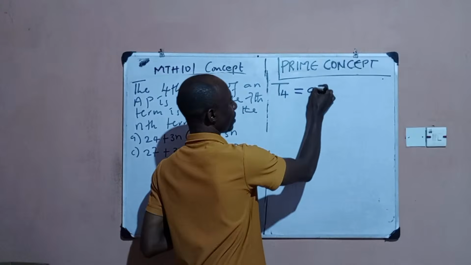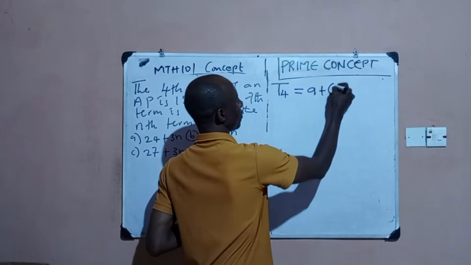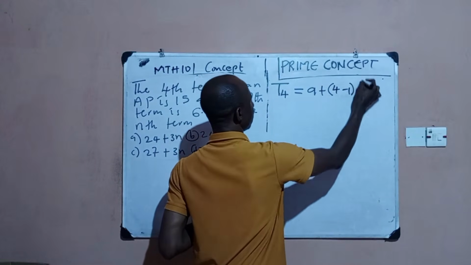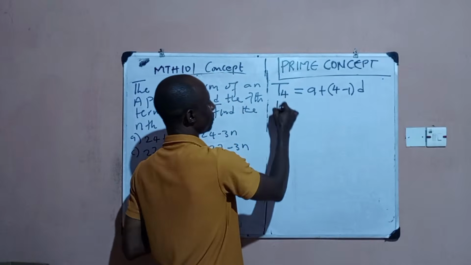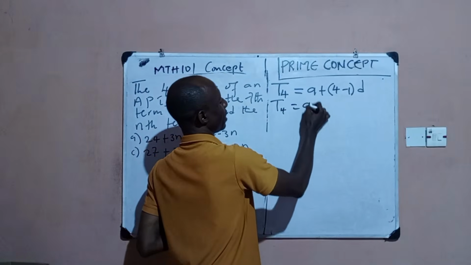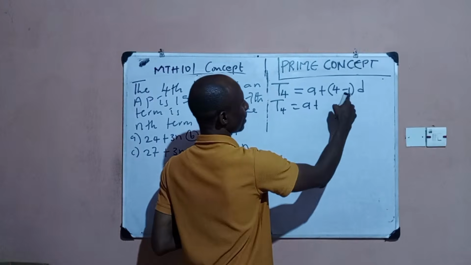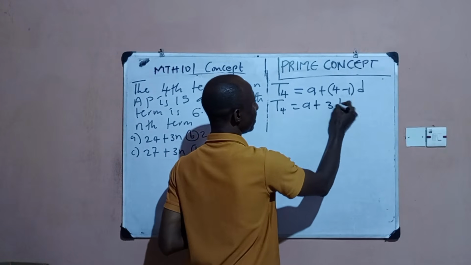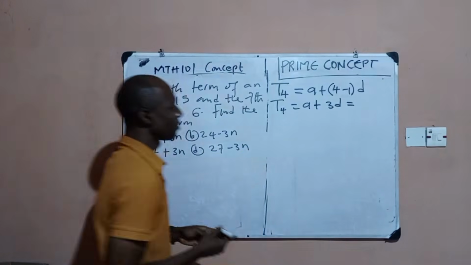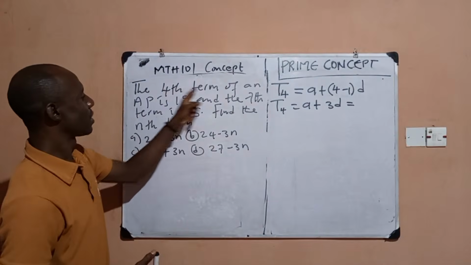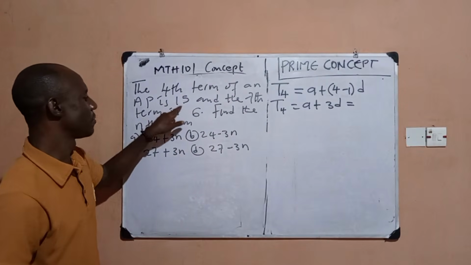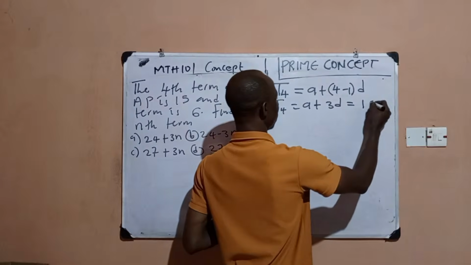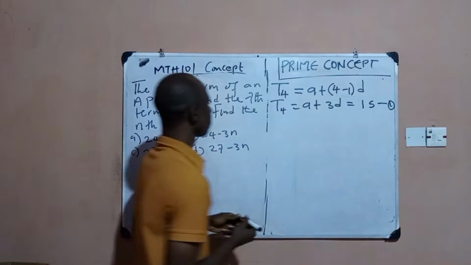We're going to use A plus (4 minus 1) into D. So T4 is A plus, what is 4 minus 1? 3. So A plus 3D, and they told us that the fourth term is 15. So A plus 3D equals 15, equation 1.